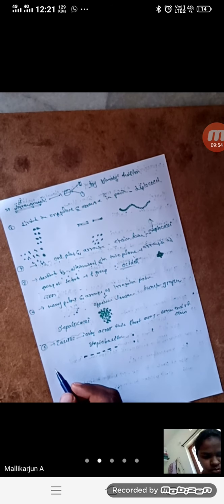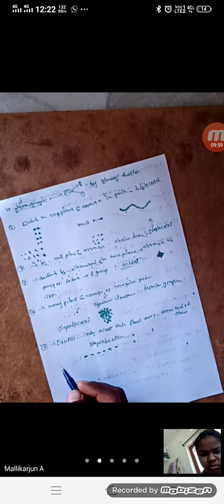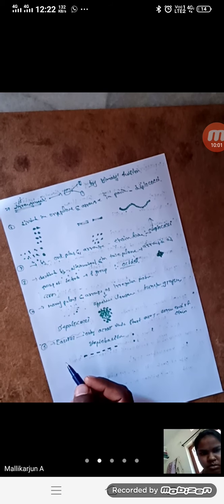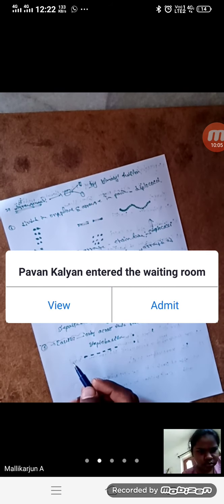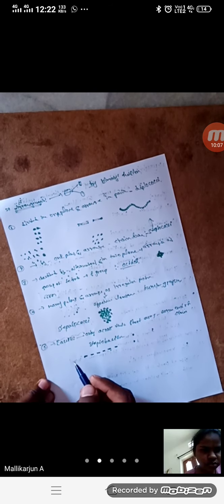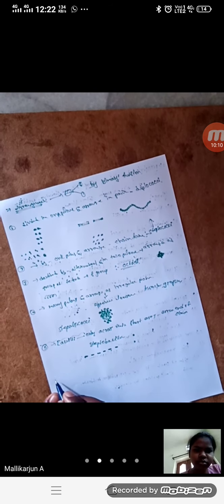And the next one: after division, the bacilli attach to each other giving an appearance like V and L letters. This pattern is known as the Chinese letter arrangement of bacteria.